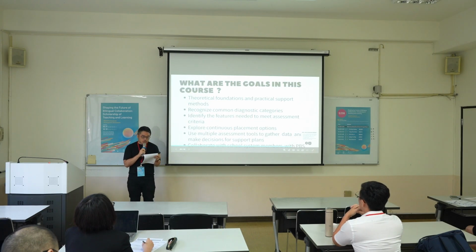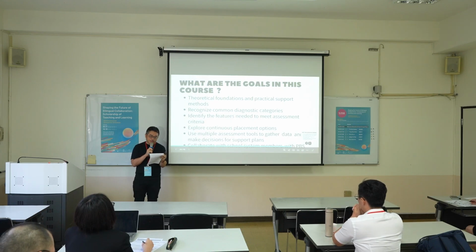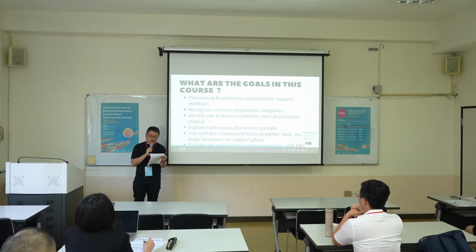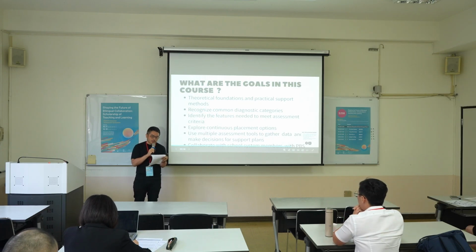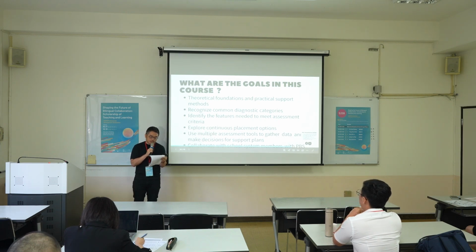In this course, students will understand the theoretical foundations and practical support methods for students with EBD in their diverse forms. The goals include recognizing common diagnostic categories, their causes, prevalence, onset period, and characteristics.